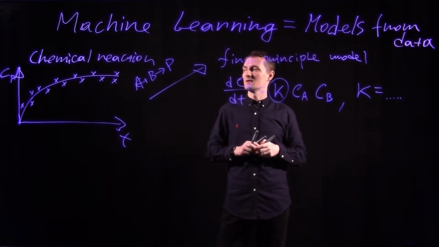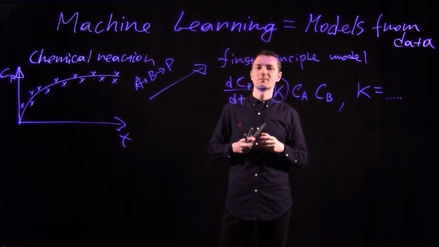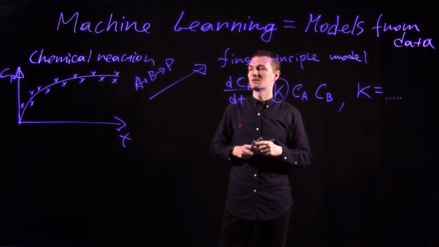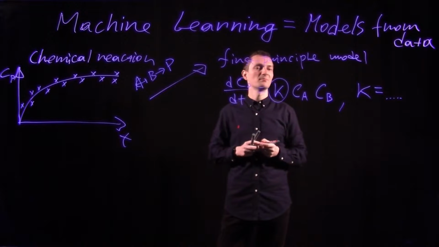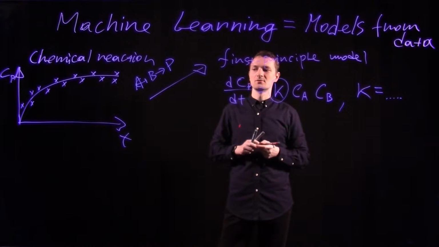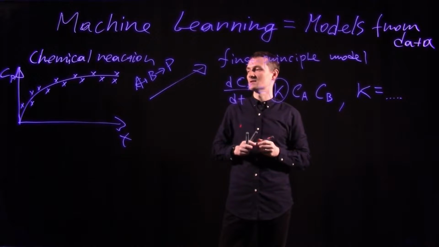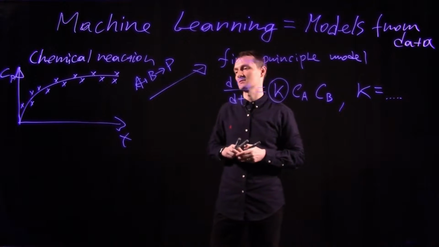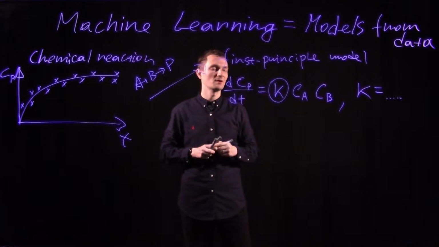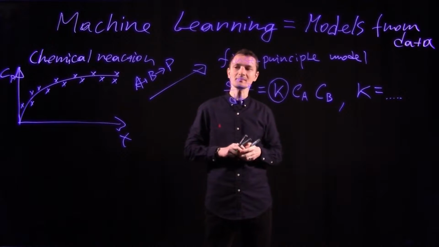But in the real world, there might be some problems about this. For example, this simple model doesn't consider heat transfer, mass transfer, and also doesn't consider some specific parameters of the reactor, for example, or the system where the reactor is.